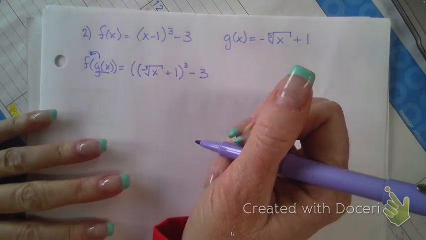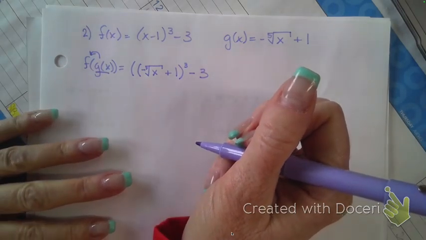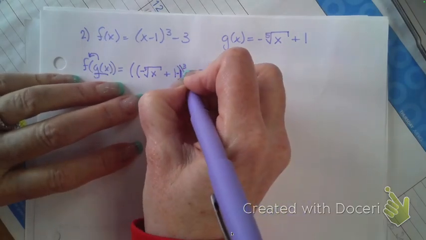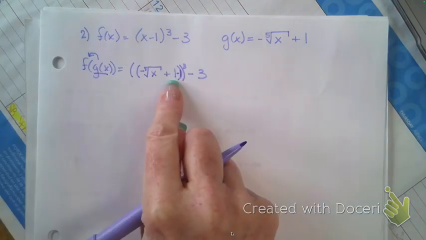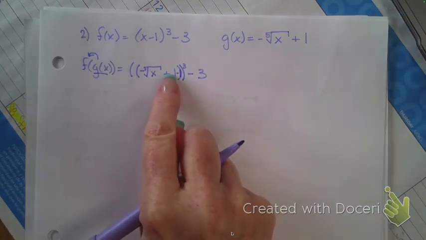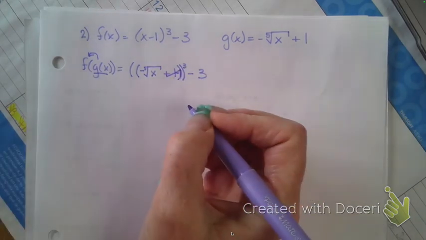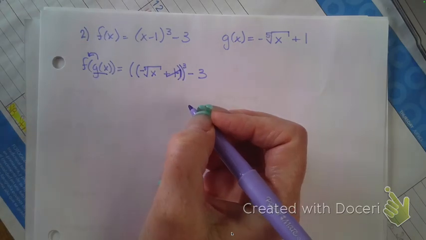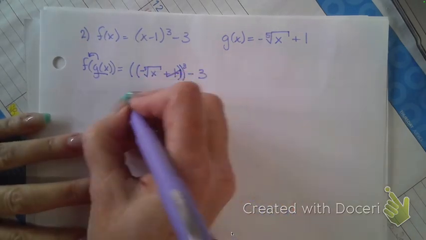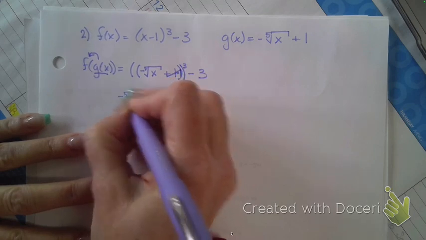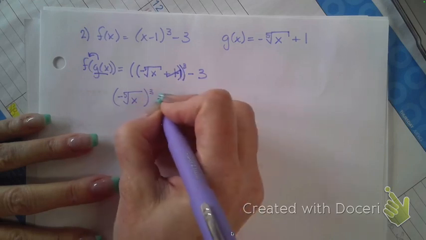You should still put the minus 1. Positive 1 minus 1 is 0. So I have negative the fifth root of x cubed minus 3.